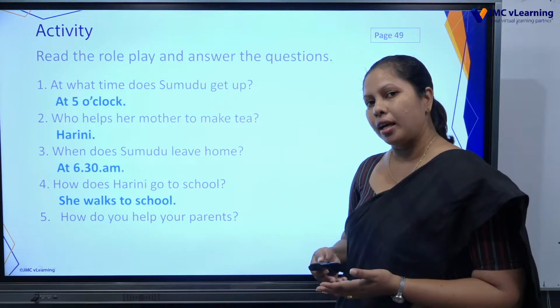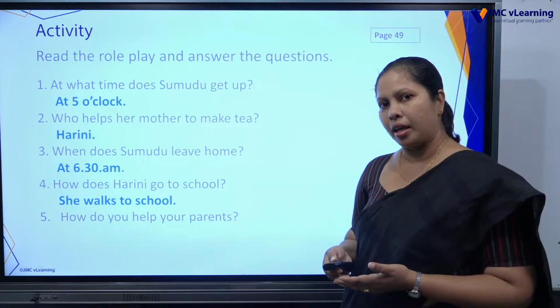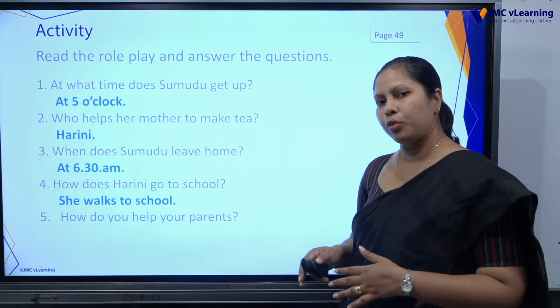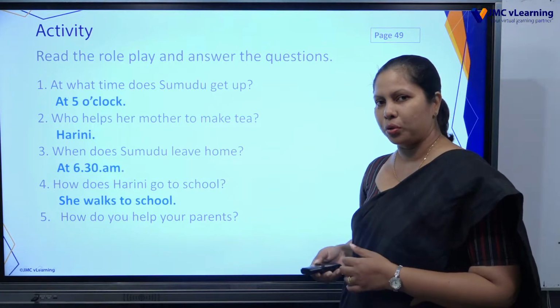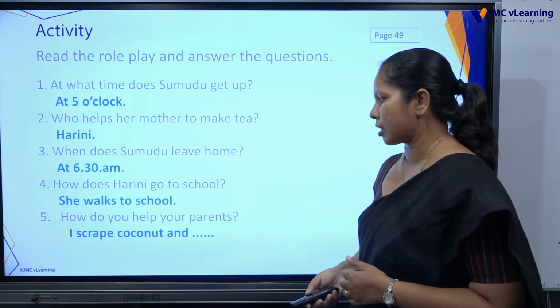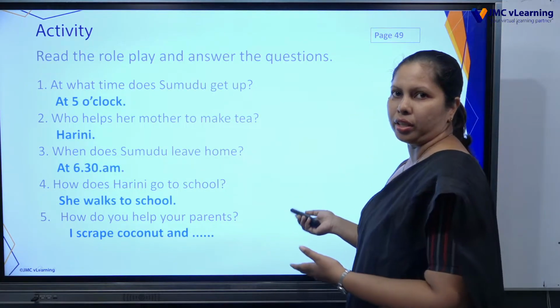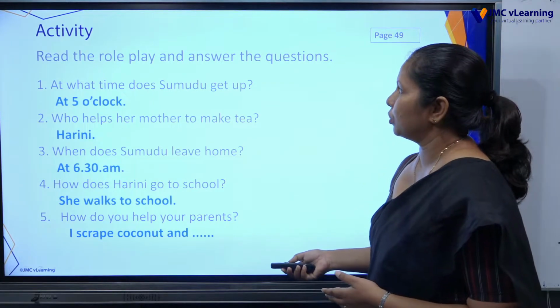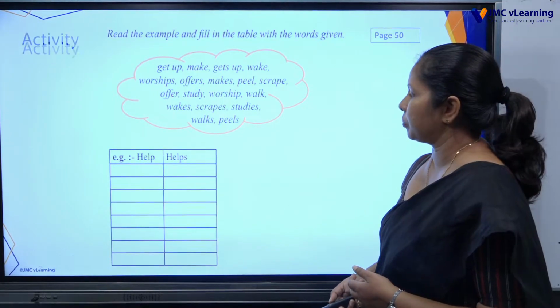There are so many activities done by Harini. So here you too need to write how you help your parents throughout the day. For example, it says I scrape coconut and peel the onions, whatever you do. Okay, now we will go to the next activity.